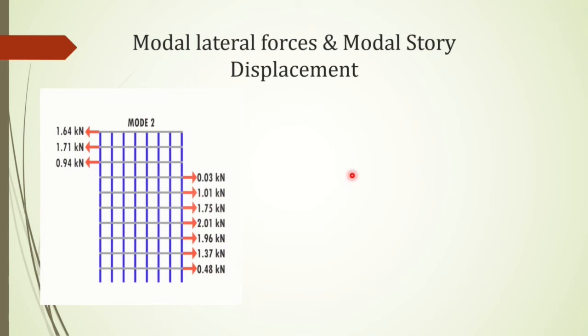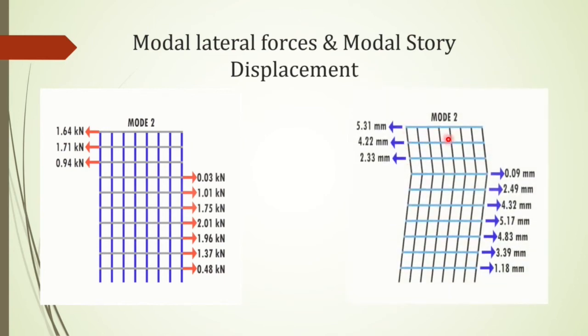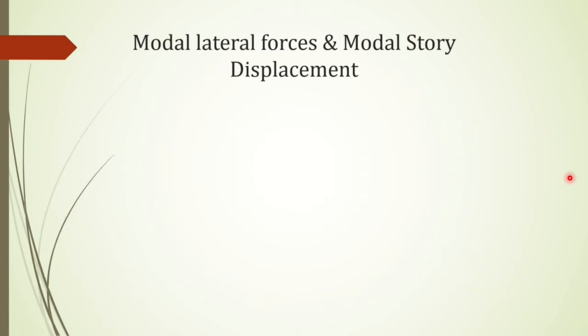In mode 2, we notice that 70% of the structure, from the first story to the 7th story, agreed to go to the right. And the remaining 3 stories, the 8th, the 9th, and the 10th story, agreed to go to the left. So, this is what will happen to the displacement.